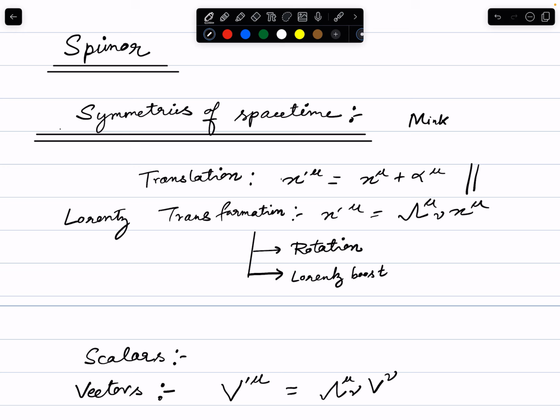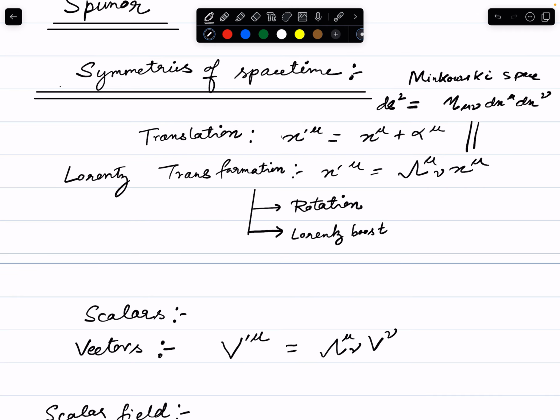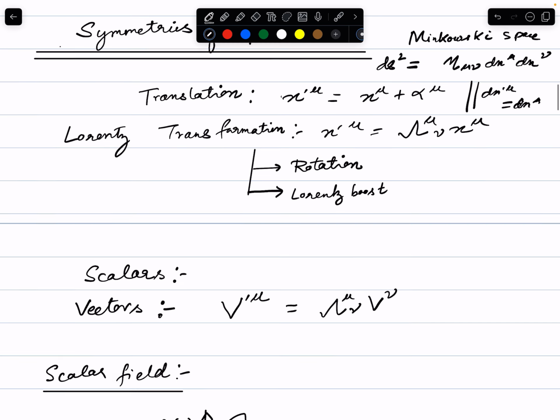And more mathematically, you can say: what are the operations that keep this element of distance unchanged. So what can I do to x which will keep ds squared fixed. Those are the symmetries. And one is translation, because if you do a translation, then dx prime mu is the same as dx mu, because this is a constant. So this does not change.